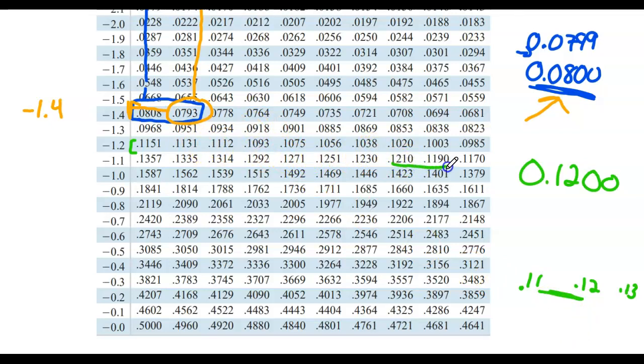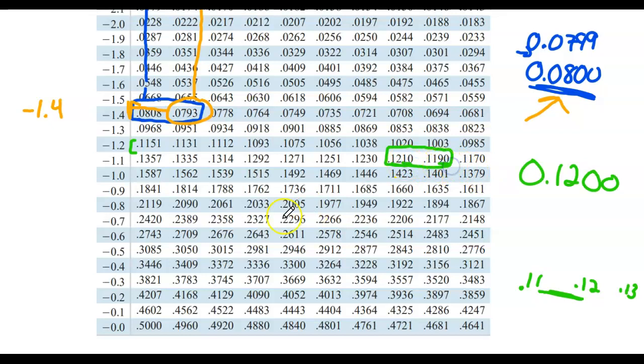Right here, we hit an interesting situation. Right here's where it changes from a 0.1210 to a 0.1190. What happens? This one is 10 points away.